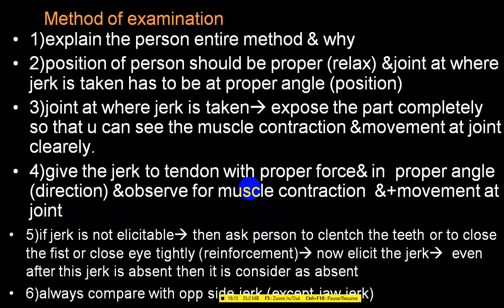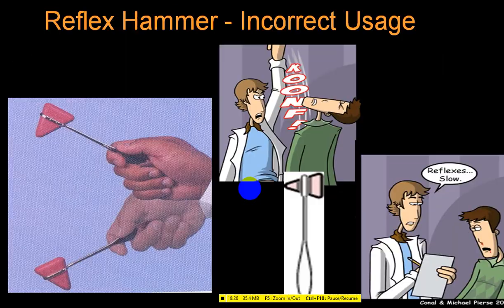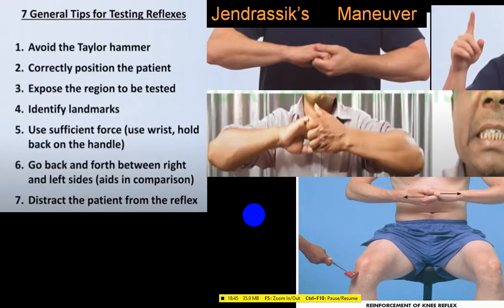And when you are eliciting the lower limb, you can ask the person to grip the fingers of the two hands with flexion, and always compare right with left, and never give a very hard jerk or a jerk with very hard force. So never give that. And while giving a jerk, there should be a good smooth movement at the wrist joint while giving that jerk.